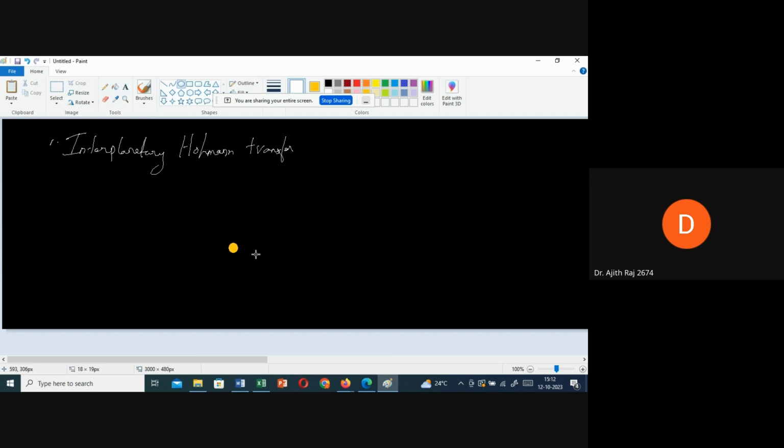So let us say this is the Earth orbit that is revolving around the Sun. If we zoom this, this is the Earth orbit, and this is the Earth, orbiting around the Sun in this orbit.